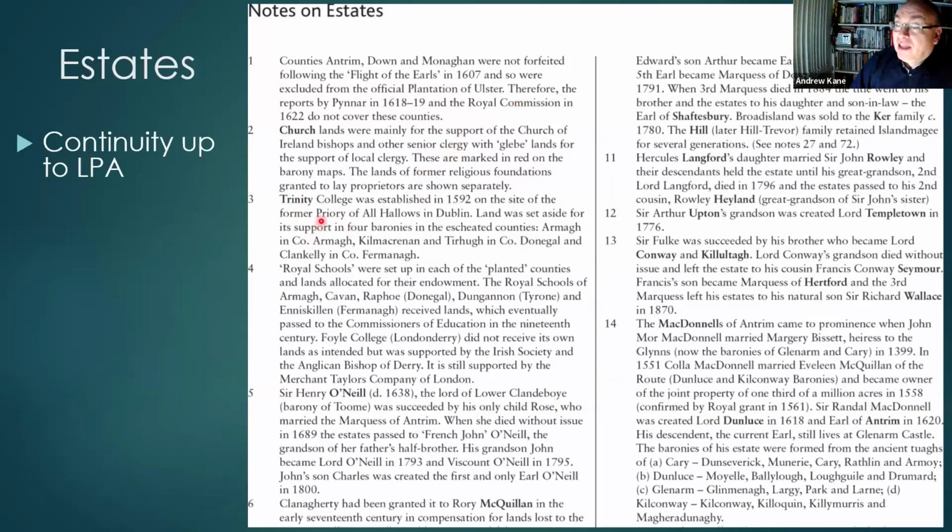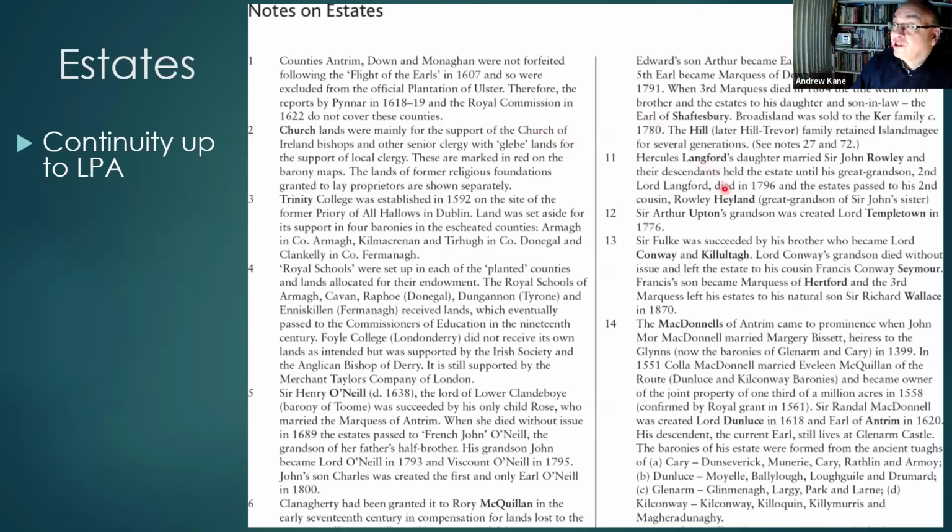For example, Sir Randall MacDonald became Lord Dunluce, and then he became the Earl of Antrim. And his family then, of course, you need to look under A for Antrim in the index rather than M for MacDonald.